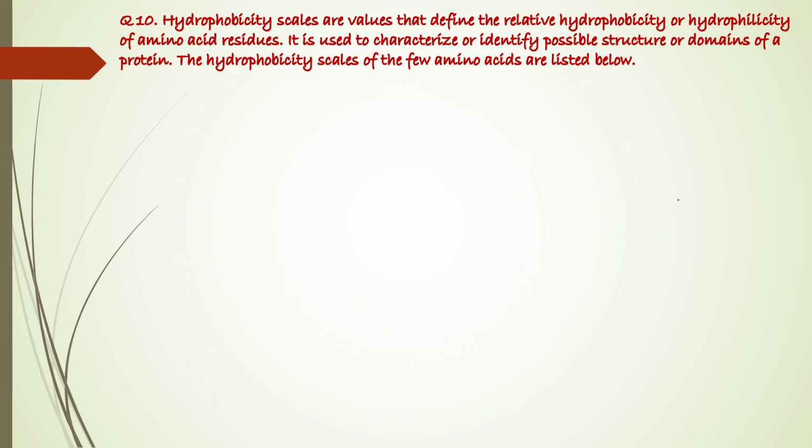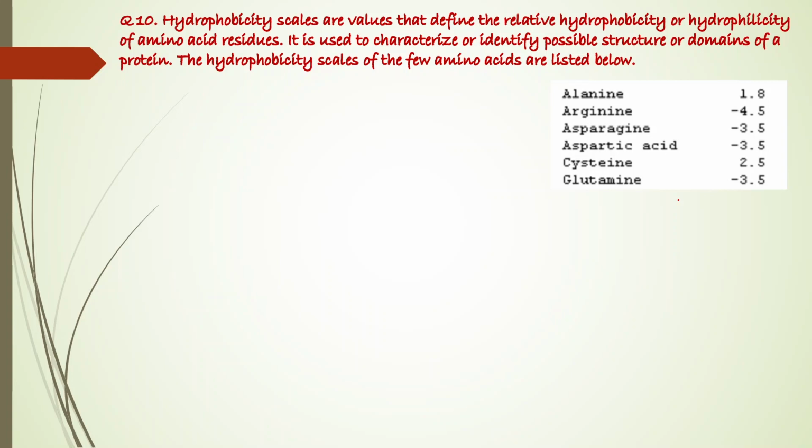It states that hydrophobicity scales are values that define the relative hydrophobicity or hydrophilicity of amino acid residues. It is used to characterize or identify the possible structure or domains of proteins. You already know there is a hydrophobicity scale by which we can identify the side chains, because the rest is the same for all amino acids, only the side chains vary.